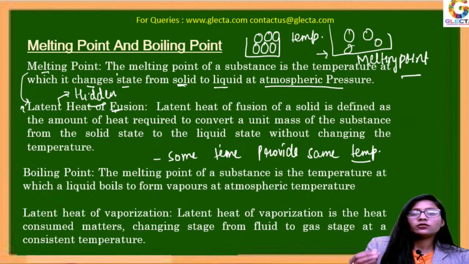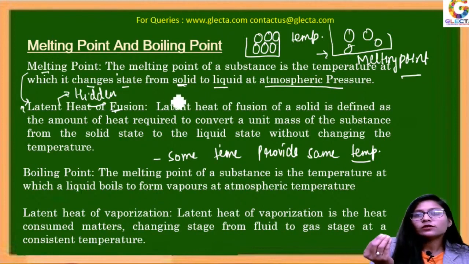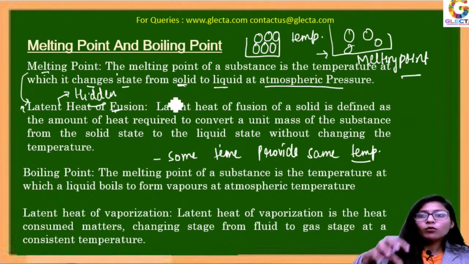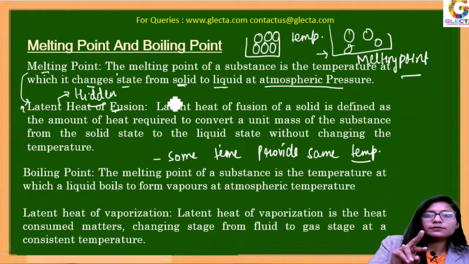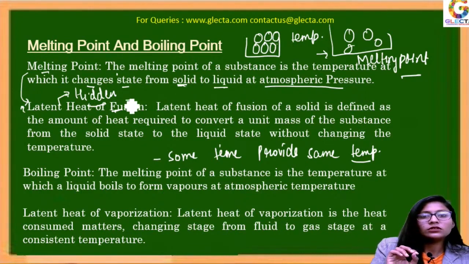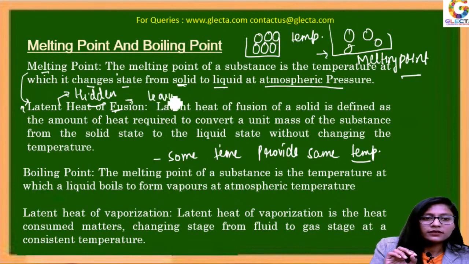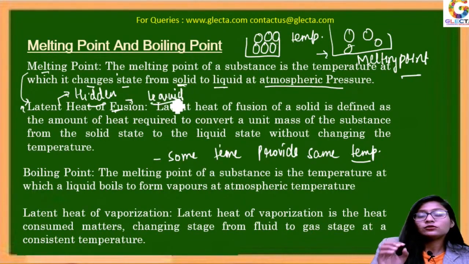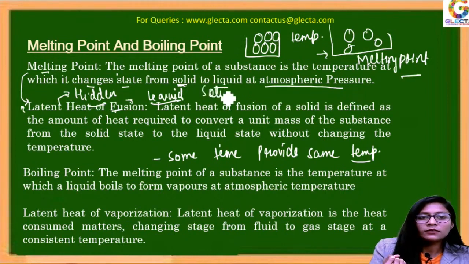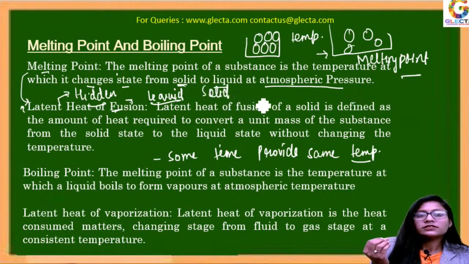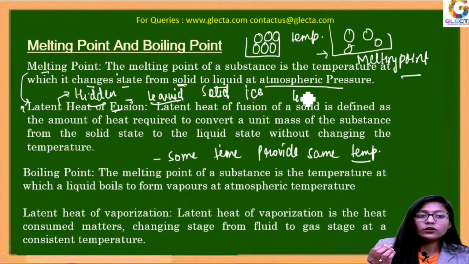Hidden heat means that if the particles of the solid acquire more and more energy, only then will they convert themselves into the liquid state. So they have to take more energy from the solid state. Suppose I have an ice cube and it is converting into liquid.